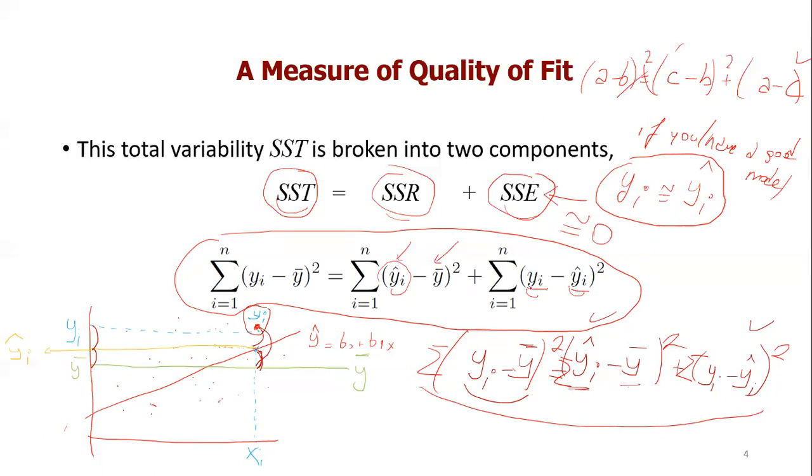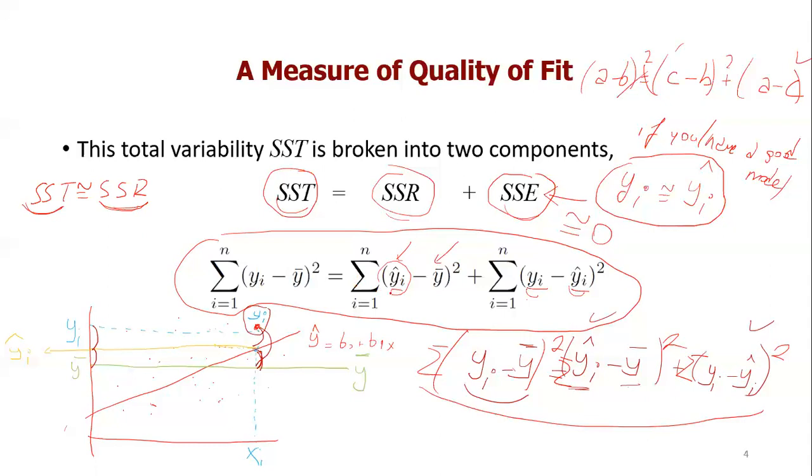If SSE is equal to 0, because SSE is yi, your real value, minus the predicted value, what does this mean? It means that SST, your total variability, is almost equal to SSR. So this is the total variability without a model, and this is the regression sum of squares, which is the variability due to your model.